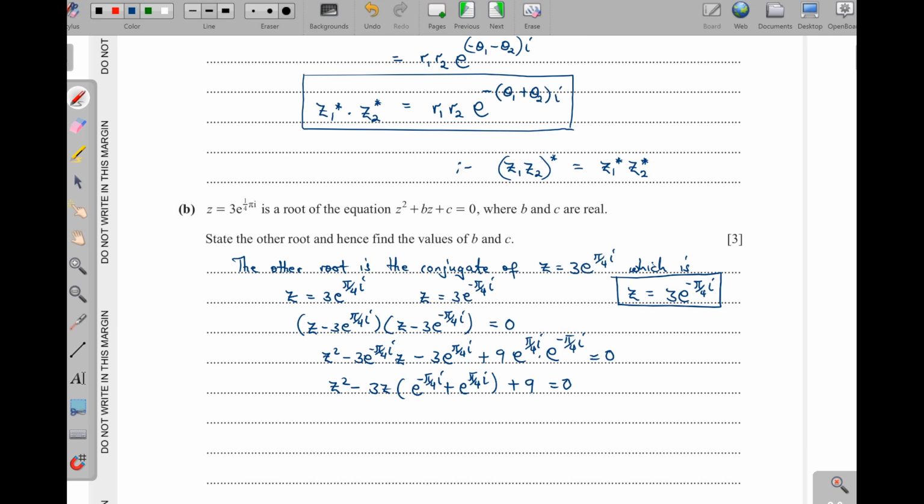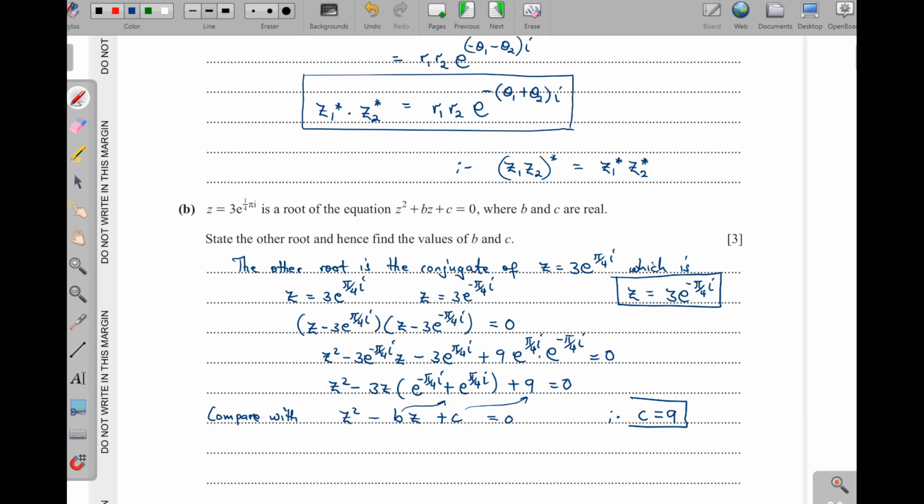Now, compare this one with z squared minus bz, then plus c, which is equal to 0. This implies that our c is a 9, then our b is the whole of this. So this implies that our c is equal to 9.